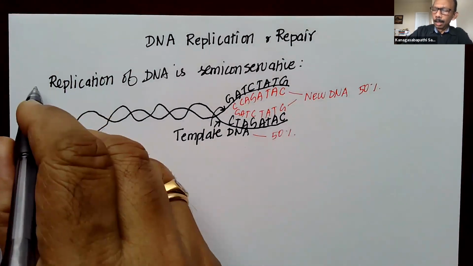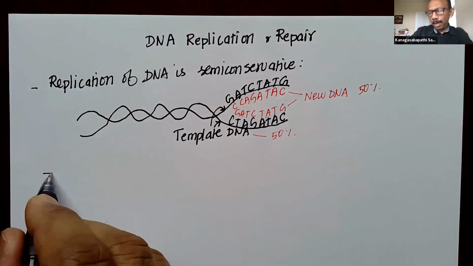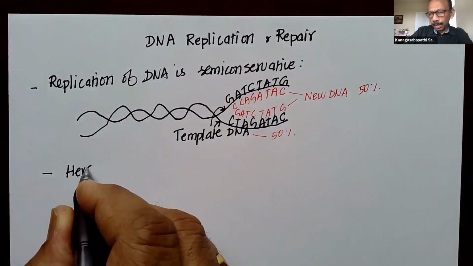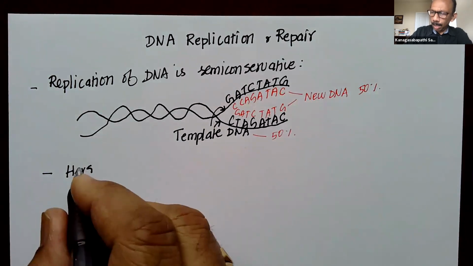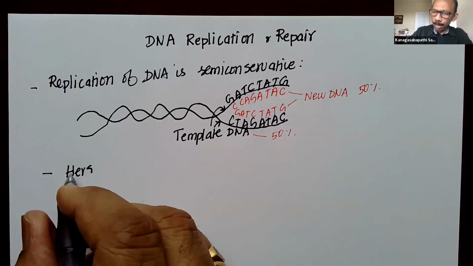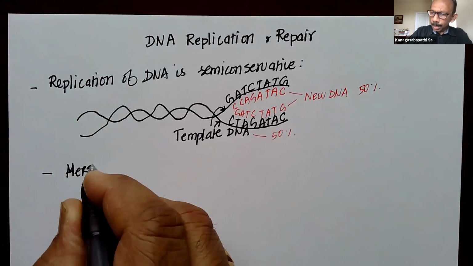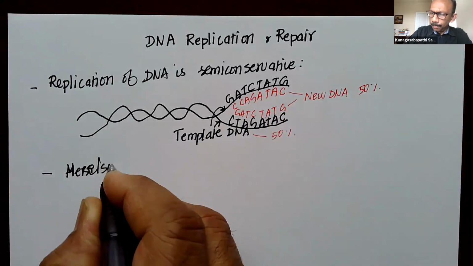Okay, but you need an experiment to prove the DNA replication is semi-conservative, and this was done by different scientists called Meselson and Stahl.